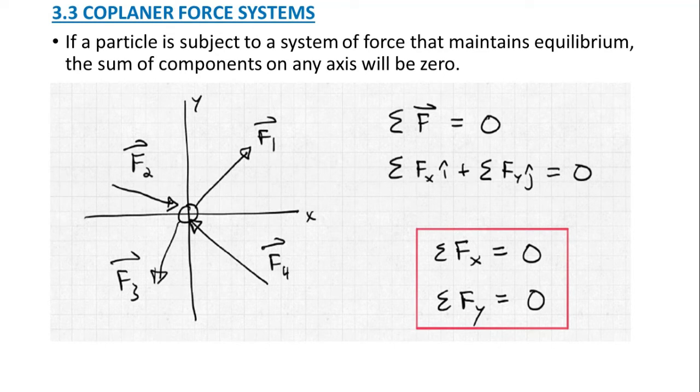So if a particle is subjected to a system of forces that maintains equilibrium, the sum of components on any axis will be 0. If you look at the figure, you have F1, F2, F3 and F4.